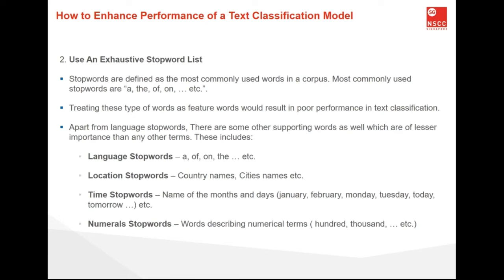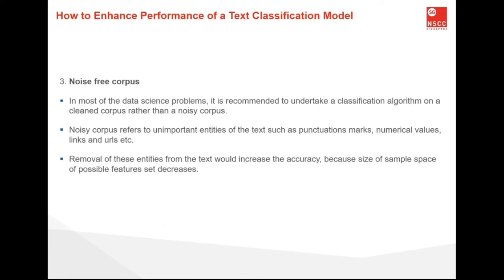These words can be directly ignored from the corpus in order to obtain better performance. Apart from language stop words, there are some other supporting words as well, which are of lesser importance than any other terms. These include location stop words such as country names or city names, time stop words such as the names of months and days, and numeral stop words.